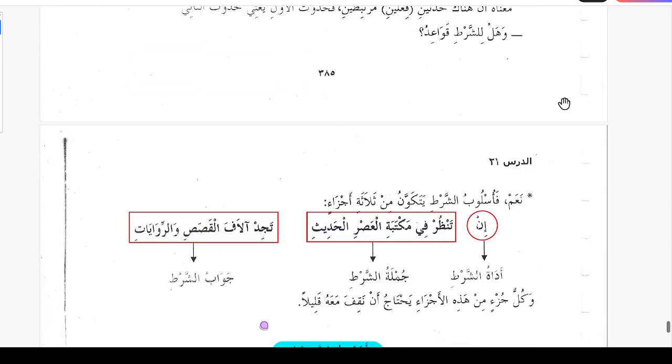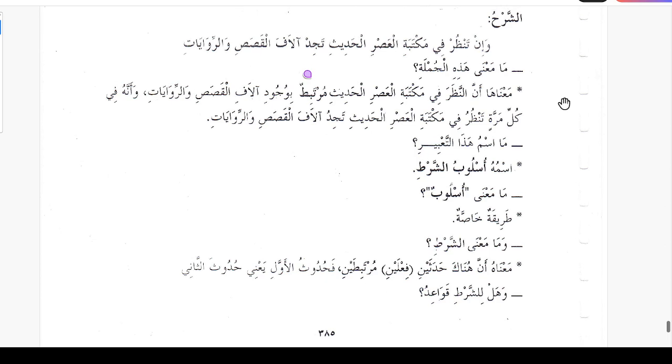Example number 4 is: Mata yuskar nahwu yuskar Sibawayhi. When grammar is mentioned, Sibawayhi is mentioned. So here the particle, the tool, is mata.